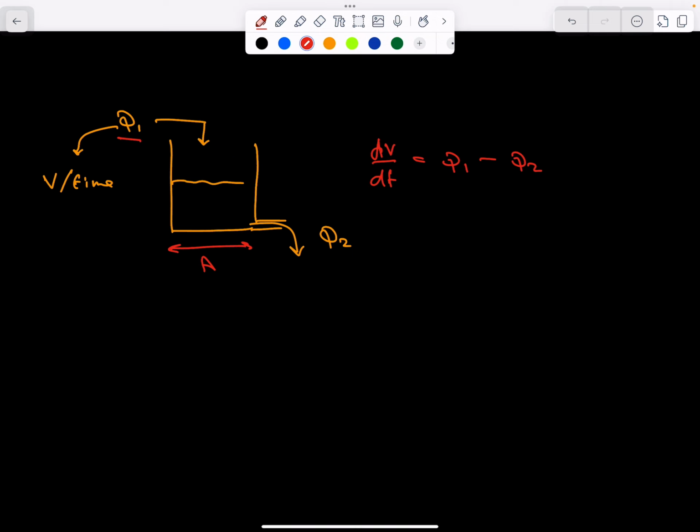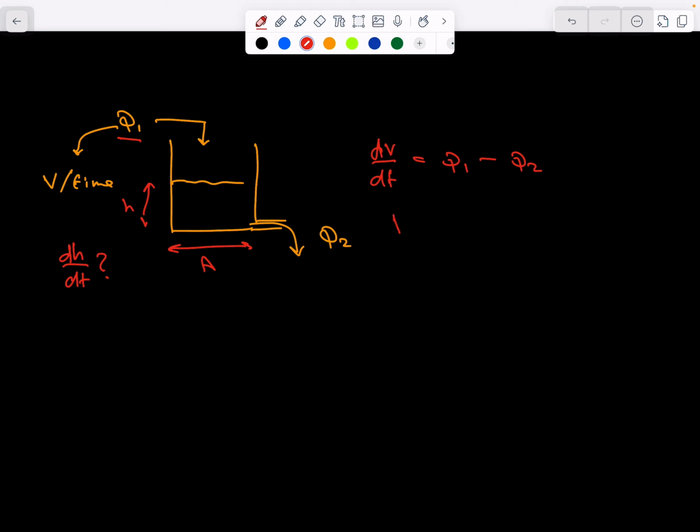Now, the state variable is going to be the height of the water in the tank. So what I really want is a differential equation that describes the rate of change of the height of water, but I've got only the rate of change of volume, so I need to do some conversion.